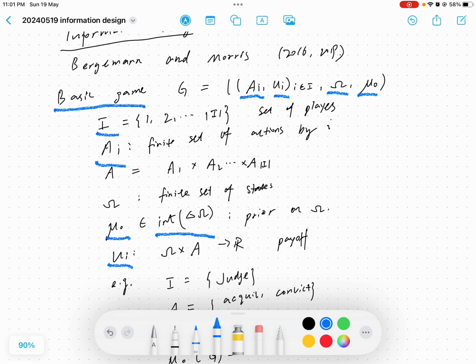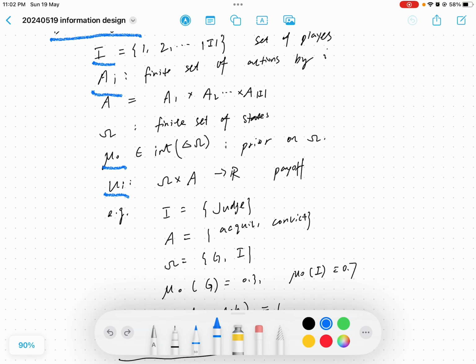Remember that in our last example, there's only one receiver, which is just the judge, right? So this framework allows multiple players in this game. The set of all the actions A is just the product of all the actions from all the players, right?